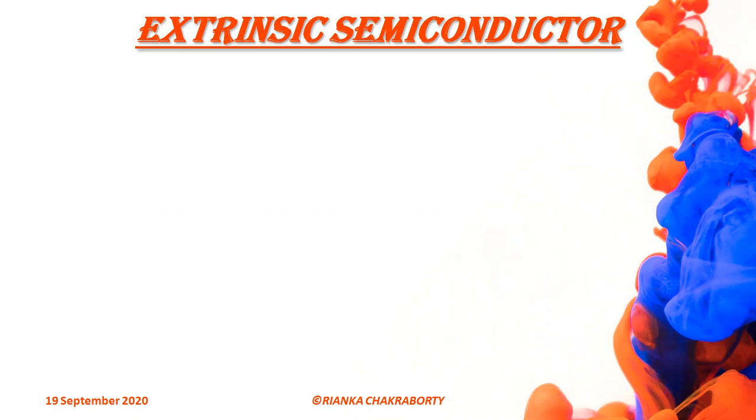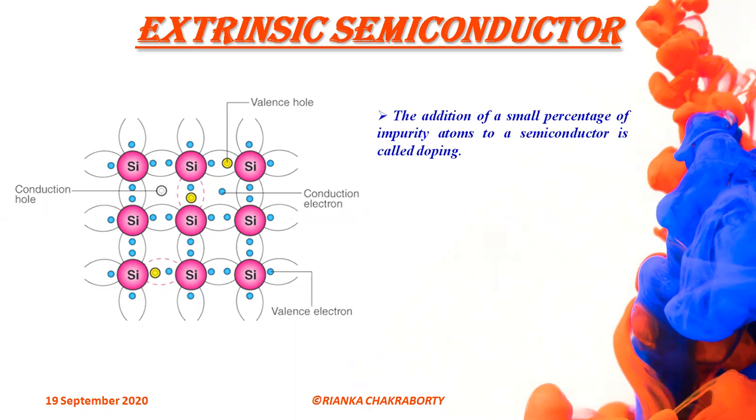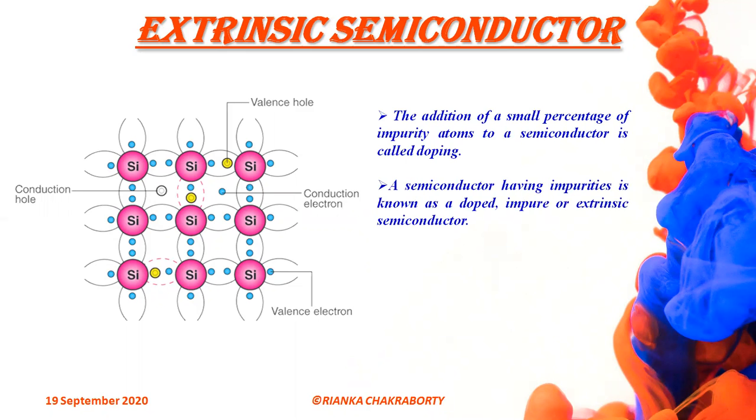But when we add some impurities to a pure semiconductor, that is called an extrinsic semiconductor. The addition of a small percentage of impurity atoms to a semiconductor is called doping, and the impurity that is added is termed a dopant. So, a semiconductor having impurities is known as a doped, impure, or extrinsic semiconductor.